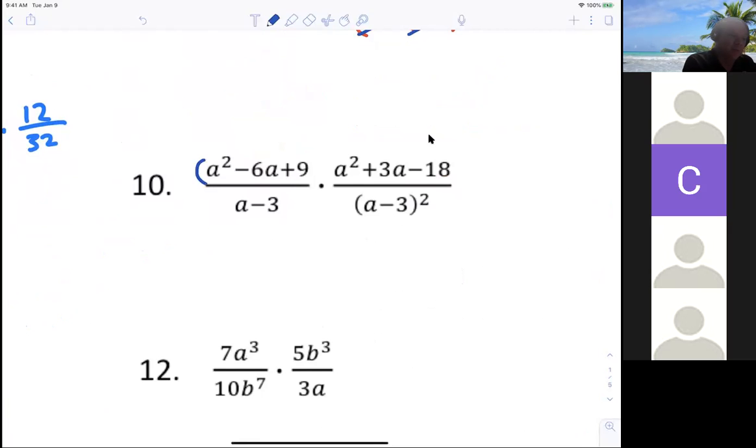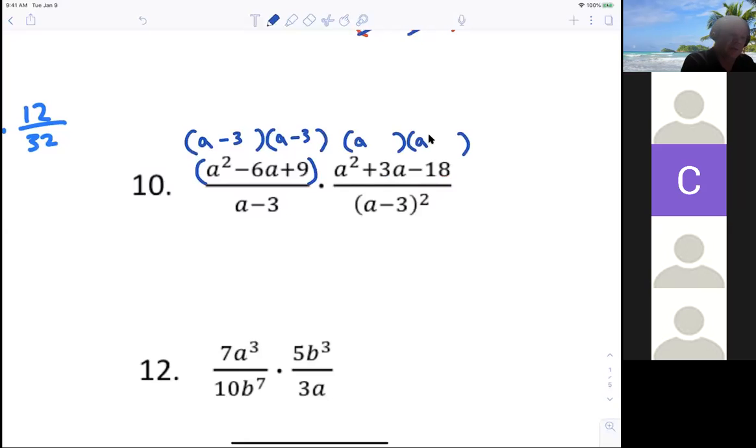Again, this factors. All right, 2 sets of parentheses. A minus 3, minus 3. Then here, that factors.